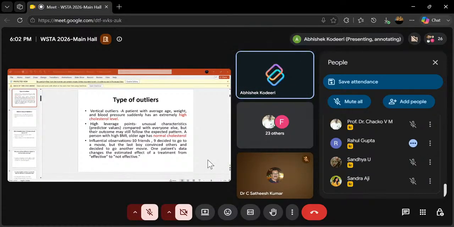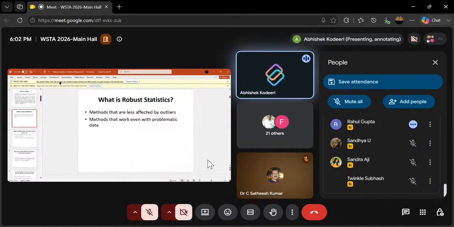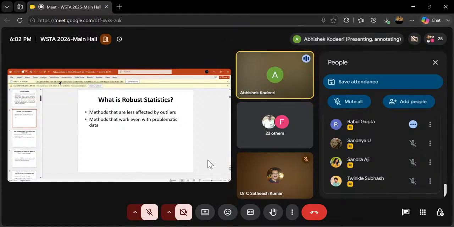Now it's moving. Now we can see the slide. No, not moving. I think we'll keep it this way, sir. Now it is what is robust statistics? Yeah, okay, that's okay.